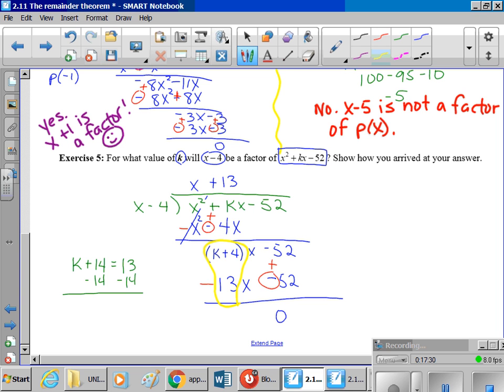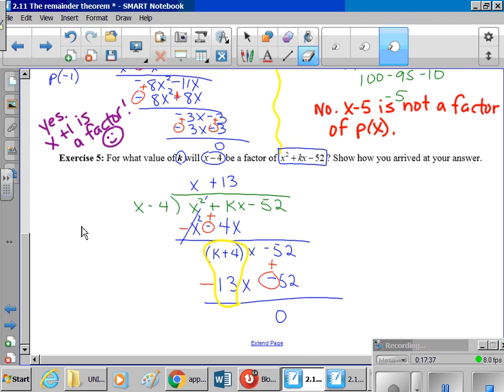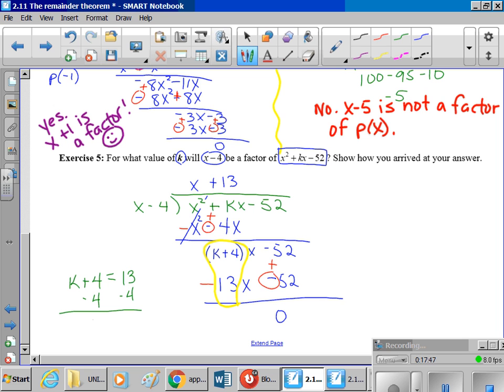Hold on. Am I thinking this right? No, silly me. I wrote k plus 14. It's k plus 4. I know that k plus 4 has to be positive 13. All right, so now that makes more sense. So minus 4 from both sides, k equals 9, and that is right.